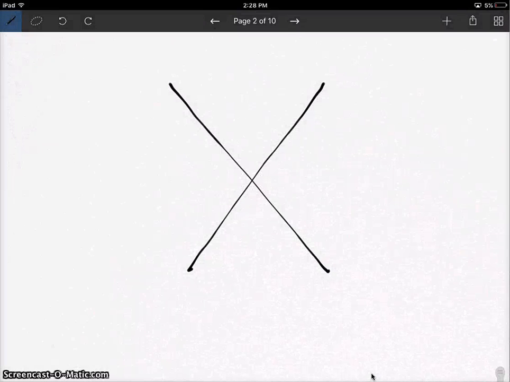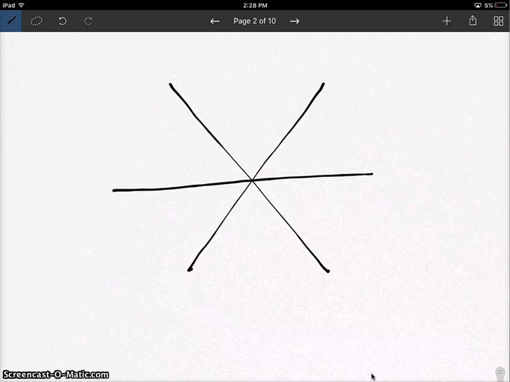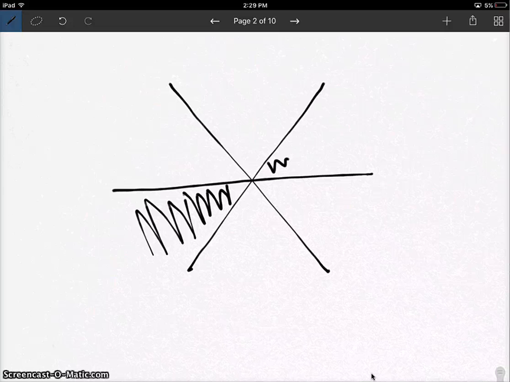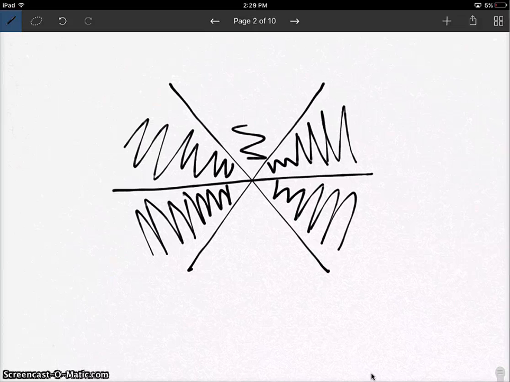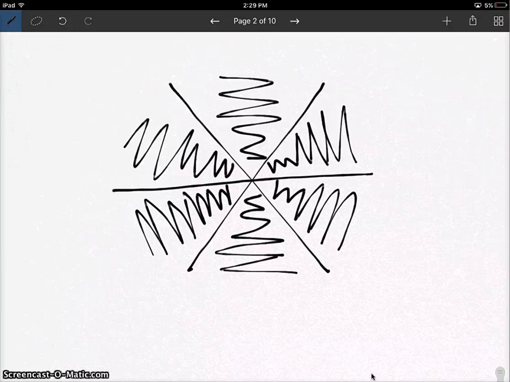It's not going to even matter if I add a third line, because then I still have the same criteria. This angle will be a vertical angle to this angle. This angle will be vertical to this angle. This angle is going to be vertical to this angle. So I don't want to beat that like a dead horse. That's how to identify vertical angles, by looking at them.